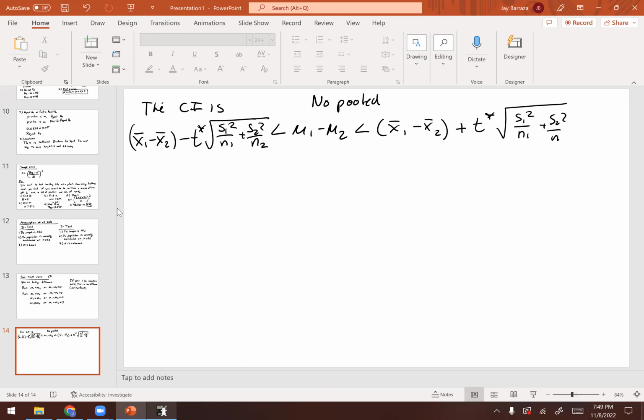Okay. So let's just do a quick example. Given x1 bar is equal to 11, S1 is equal to 2, and N1 equals 50.